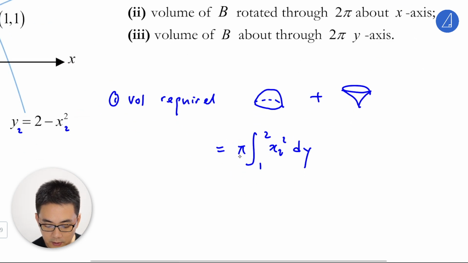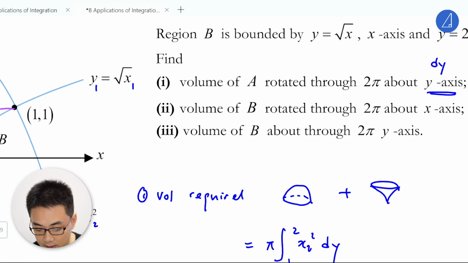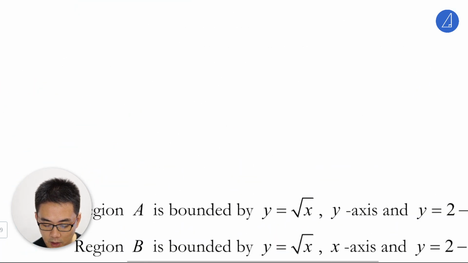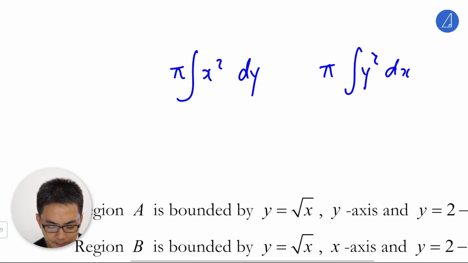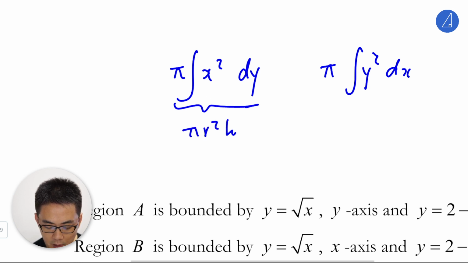This one here, a lot of times students think that this one has something to do with the rotation. It doesn't. Essentially, if you rotate about the y-axis, the long and short of it is that this is actually pi r squared h. This is your volume of cylinder.